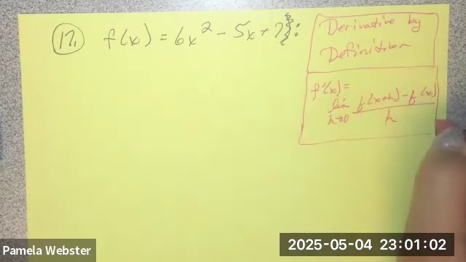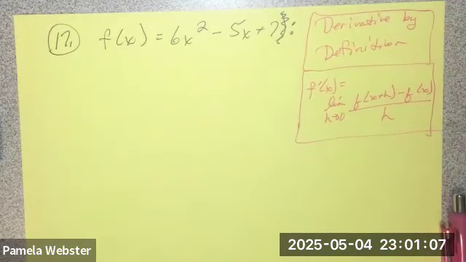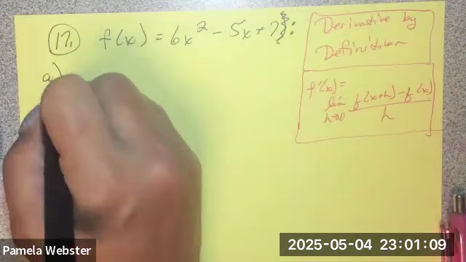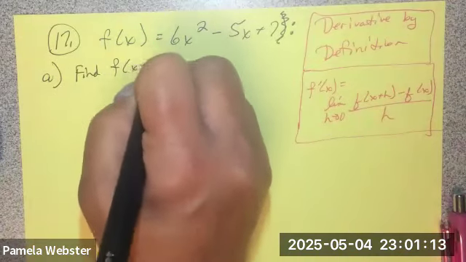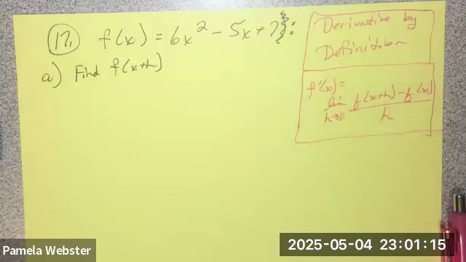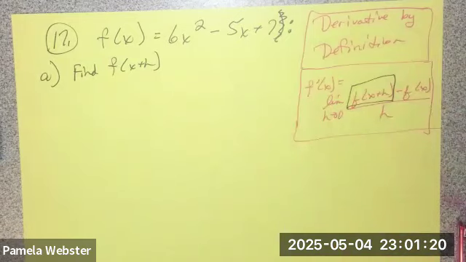Okay, and remember we call this a 4-step process. I generally will list these out for you. So step A here says find f of x plus h. Okay, so you have to do the 4-step process. You have to start right here. Okay, you cannot just take the shortcut here. I'm looking for these steps. You must show me the whole process.